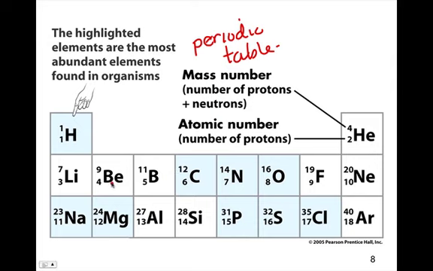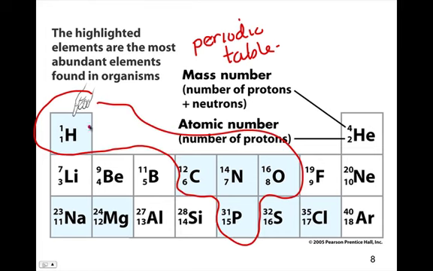Each of these boxes is a square around an element, and the ones I highlighted in blue are some of the most important ones. There are really five that are far and away the most abundant elements in all life.